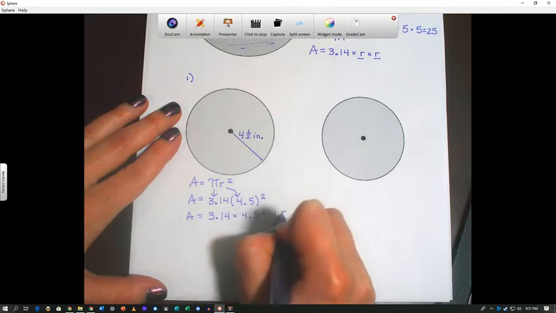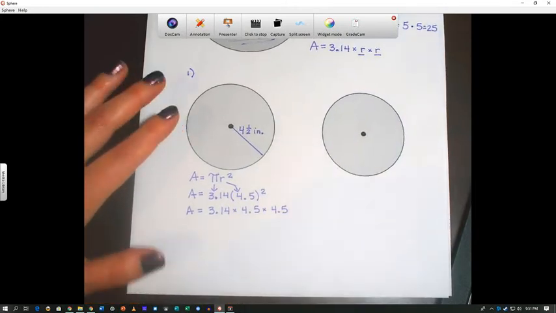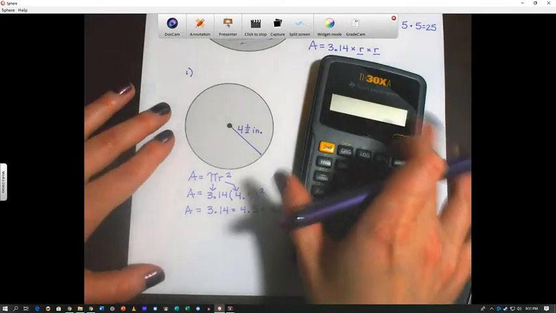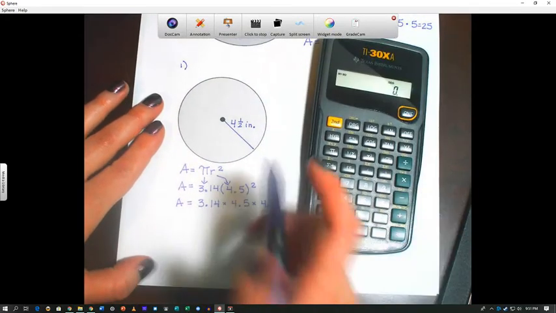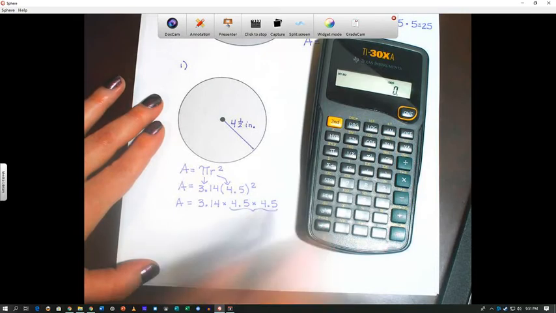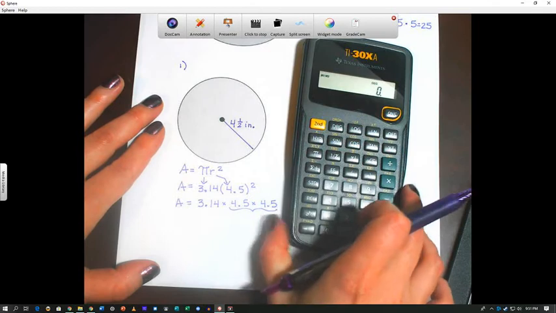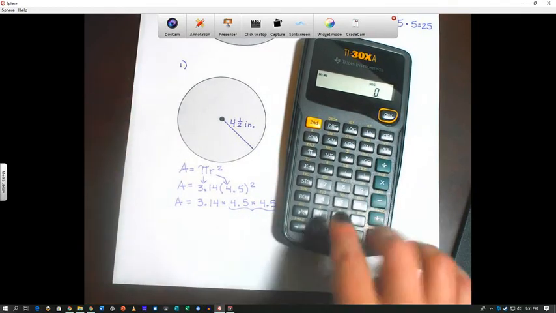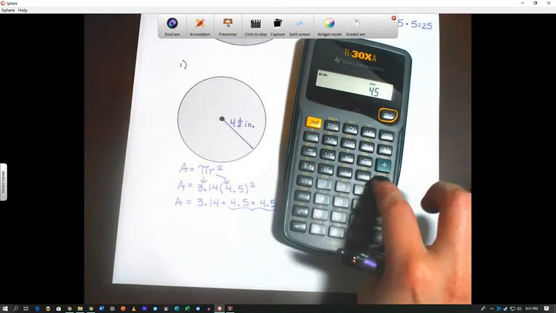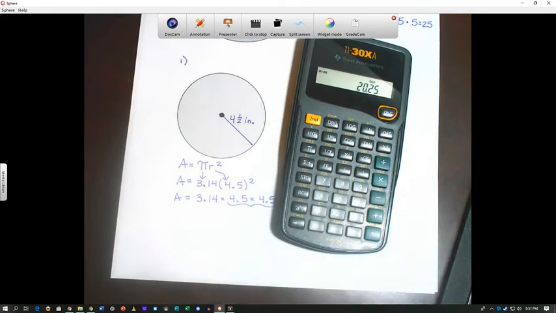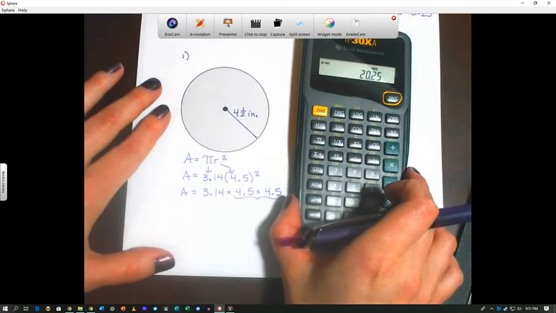I'm going to take that radius and multiply by itself 2 times. So I'm going to do this part first. So I'm going to square the radius first. And so 4.5 times 4.5 is 20 and 25 hundredths.